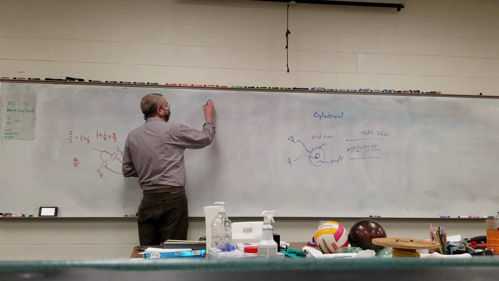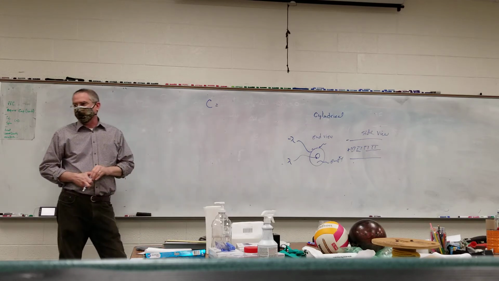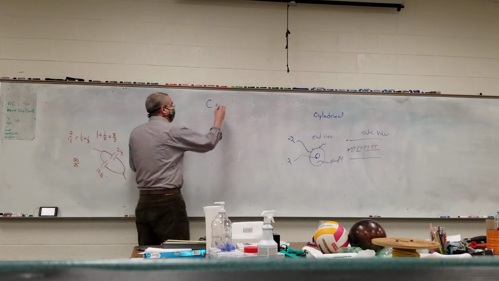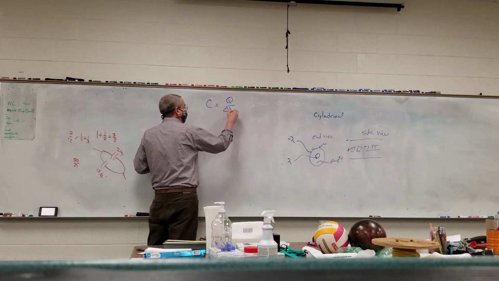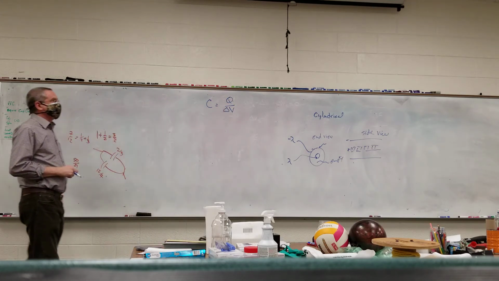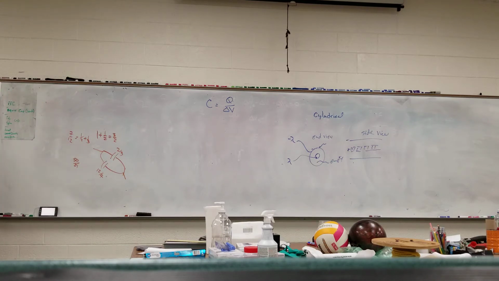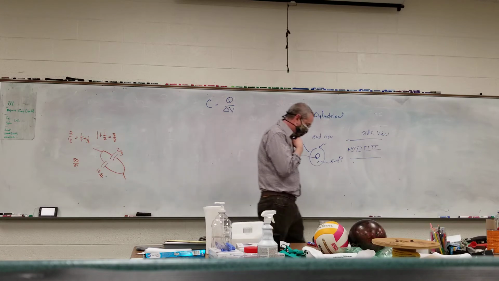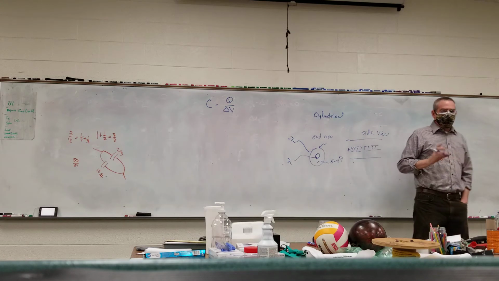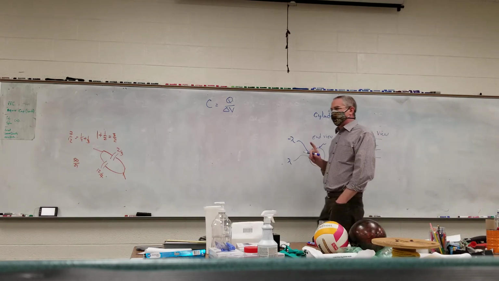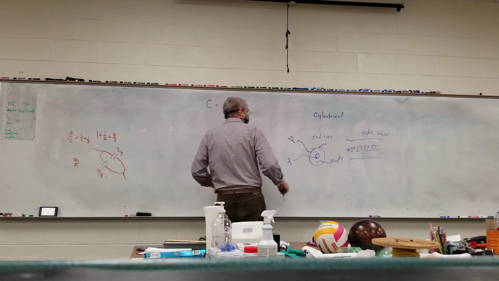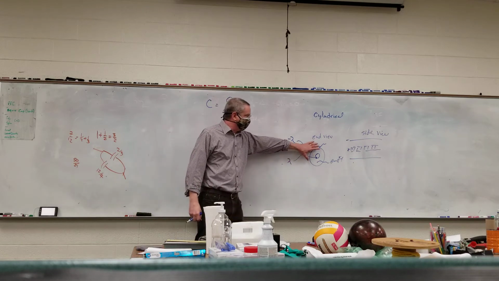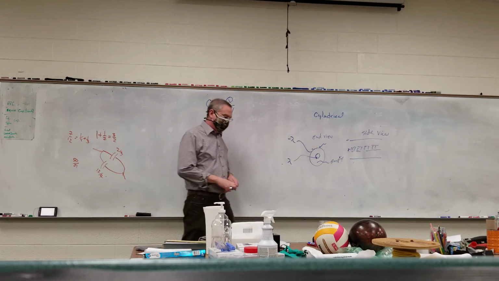I can't use kappa epsilon naught A over D because that's specific for parallel plates, but I can use Q over delta V for finding the capacitance of this. Usually on problems like this, Q is not the hard part, delta V is. So we need to figure out the potential difference between the inner cylinder and the annular cylinder on the outside.